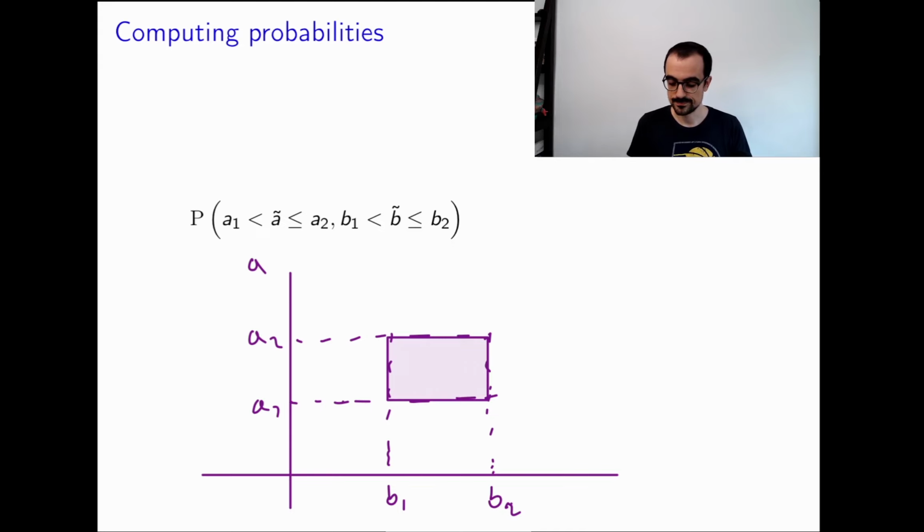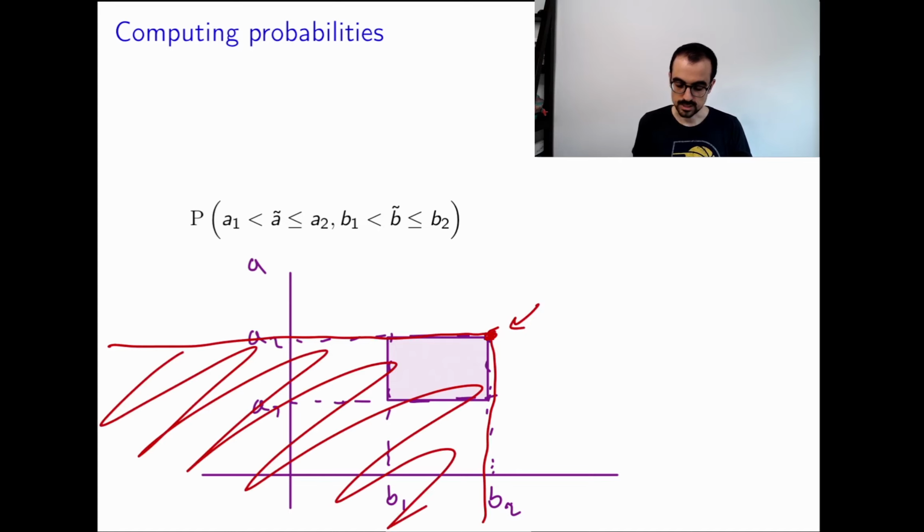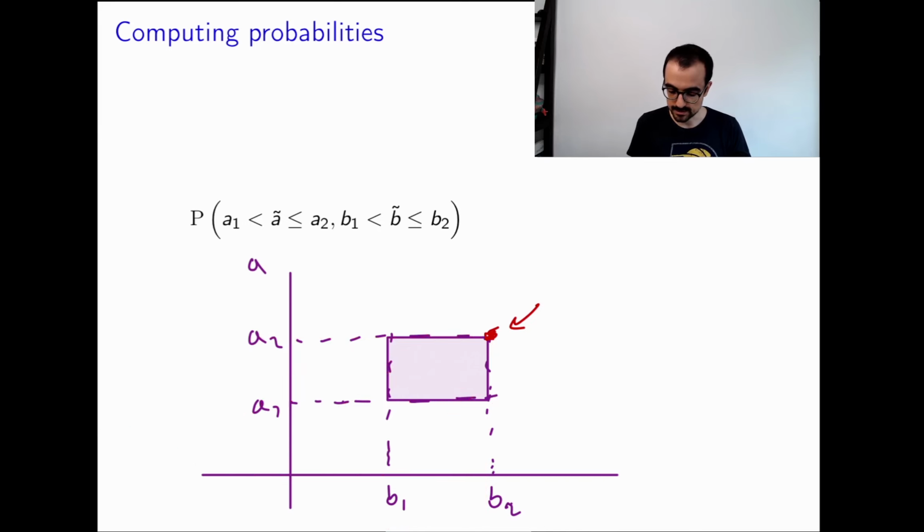The idea is that if you look at the CDF at this point, it gives you the probability that you are here. So that's pretty useful. You're on your way. So maybe you can take that and subtract this guy here, so you're taking away this part.